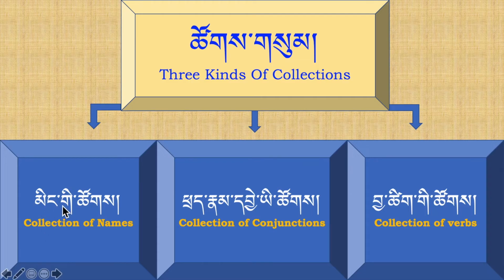So Mingi Tsok, Te Namyegi Tsok, Jatsigi Tsok, this is their group. In English, three kinds of collections. I don't know what is the perfect or right term, but I'm just trying to use this, three kinds of collections, that sometimes makes sense. I'm not good in English, but I'm trying my best to explain.